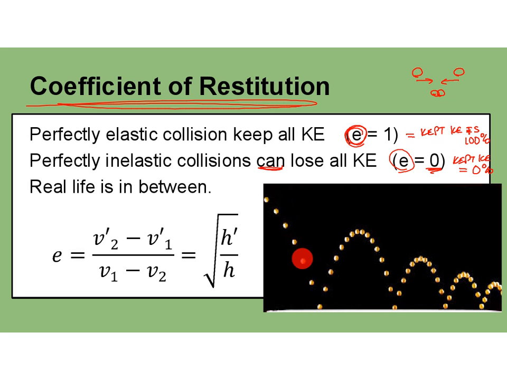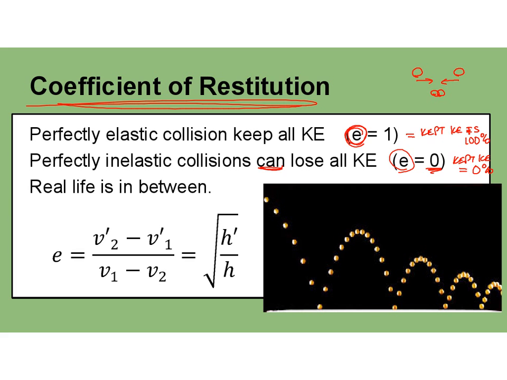But in real life, we see it do something like this, and it will get a little bit lower and a little bit lower each time. It loses some kinetic energy, and it doesn't go back up as high as it started. Okay. If it were perfectly inelastic, what would happen? The ball would fall, and it would stick to the floor, and you wouldn't get any bounce. So here, this thing is somewhere in between those two ideal cases.